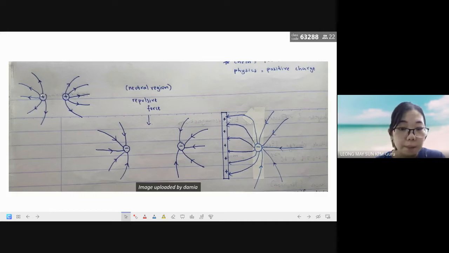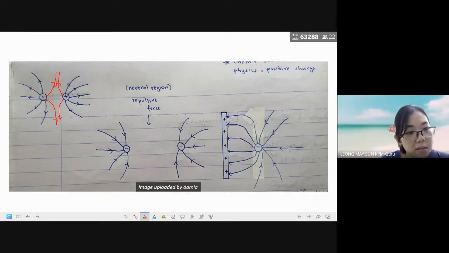Okay, so here, Damia, we assume that these two positive charges are not far away from each other. Having it like this, your distance is quite far already. So it would be better if you can put another line like this, making it come out.